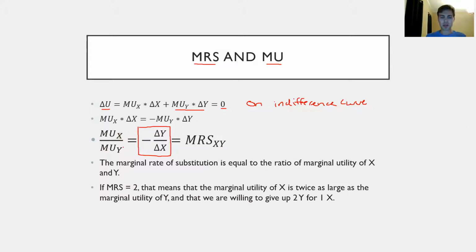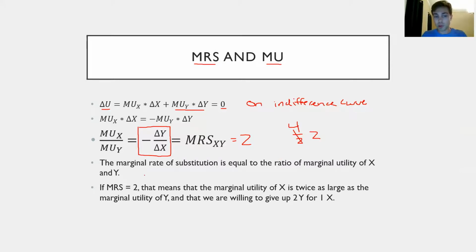And so to think about this in an example, if our marginal rate of substitution is 2, that means that the marginal utility of x, MUx, is twice as large as the marginal utility of y. In other words, the marginal utility of x could be 4 if the marginal utility of y is 2, which would reduce to 2, right?